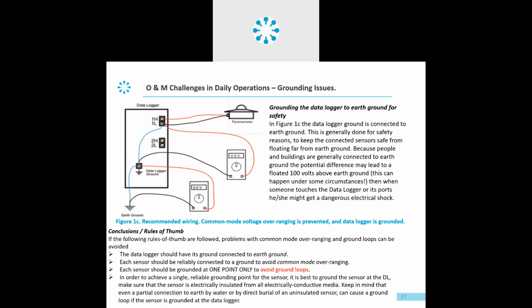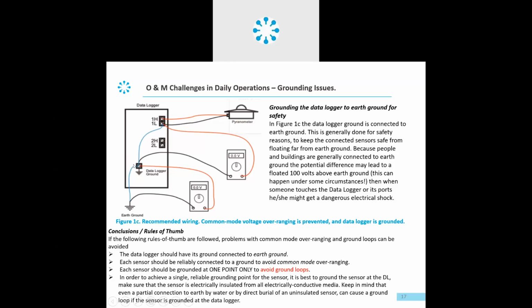This is what we have to follow in real practice, but we never follow it, because our data loggers have this link built in so that you don't need to make these links. But obviously on the data loggers you have to have this link available on the side. There are always grounding points available in the loggers which you need to connect to the physical ground.